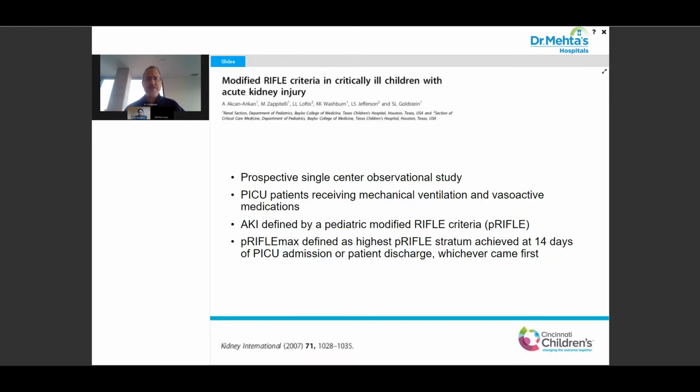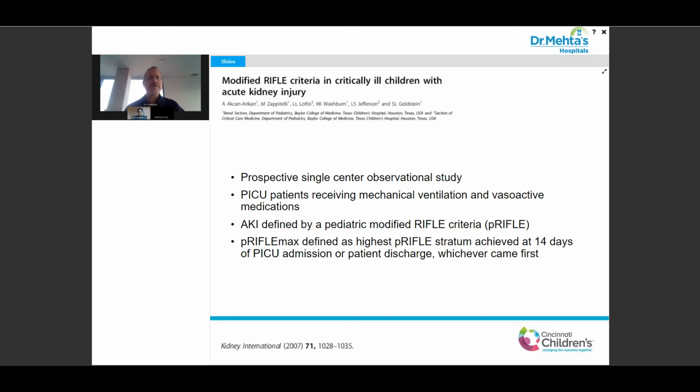So when I was at Texas Children's Hospital in Houston, we developed a modified RIFLE criteria for critically ill children because we had thought that since children are still growing and have different normal baseline creatinines, we needed to modify this for children. So we created a pediatric modified RIFLE criteria, and then we did a study at Texas Children's looking at the sickest of our patients, those in the ICU receiving mechanical ventilation and vasoactive medications.